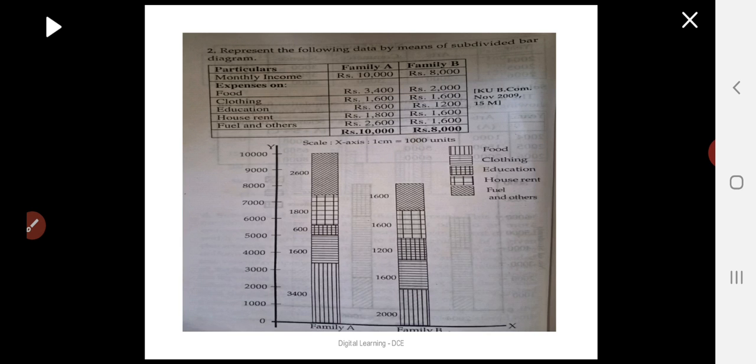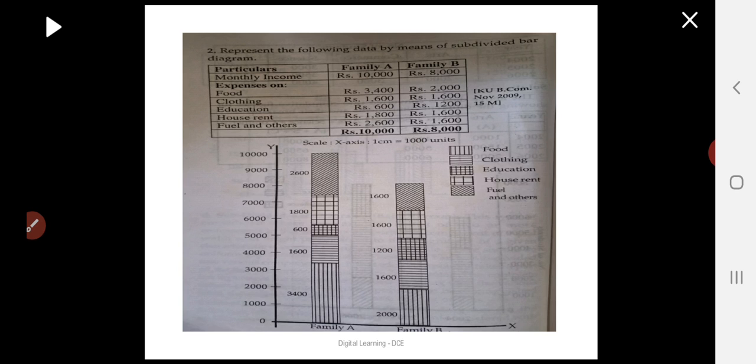Look into the illustration given here. Represent the following data by means of a subdivided bar diagram.